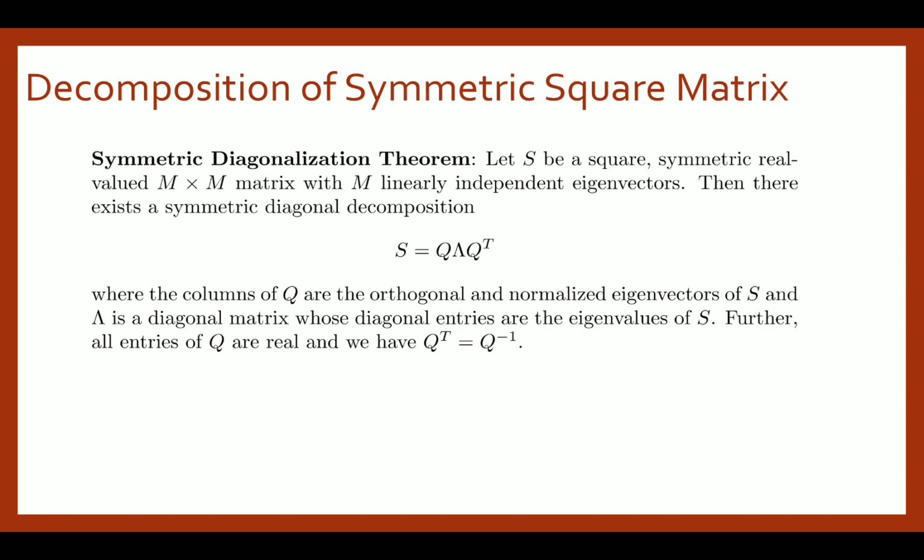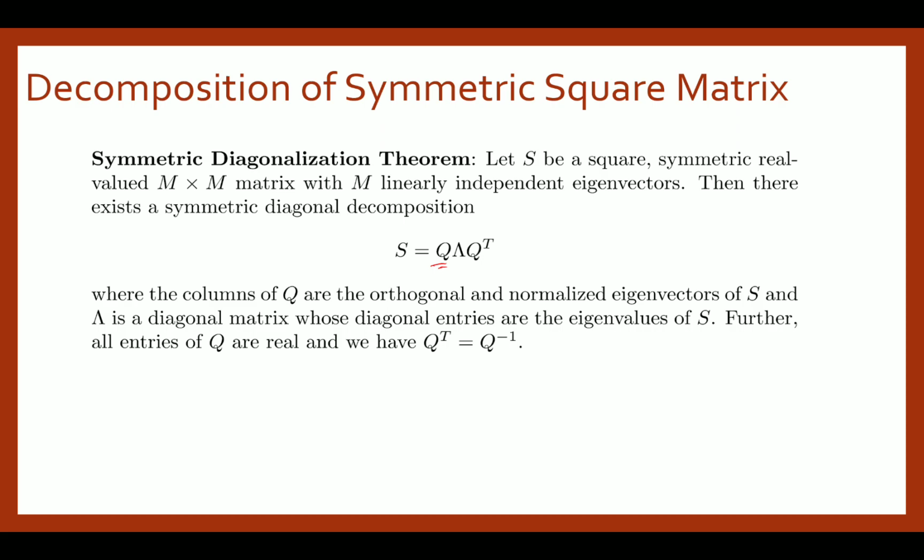The symmetric diagonalization theorem says that if, on top of S being a square matrix, it is also a symmetric and real valued m cross m matrix with m linearly independent eigenvectors, then you have a symmetric diagonal decomposition, where now the columns of the Q matrix are again the eigenvectors, but they are orthogonal eigenvectors of S. So S being a symmetric matrix gives rise to other properties for the eigenvectors, that they are orthogonal.